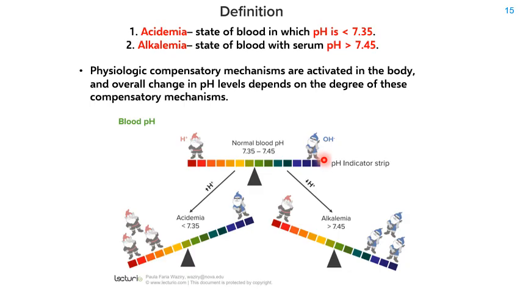I like this gnome with the base. You get a lot of bases right here. So you're tipping the scale towards the basic side, towards alkalemia, right?